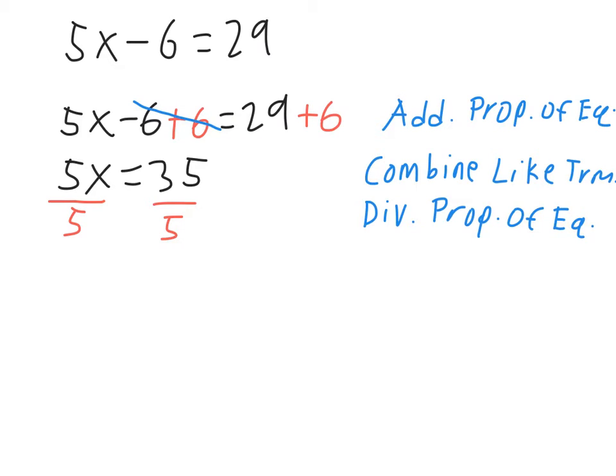The 5's will cancel out because 5 divided by 5 is just 1. So that leaves just x. And then 35 divided by 5 is 7. And for that last step, again, we didn't really use a property. All we did was simplify.